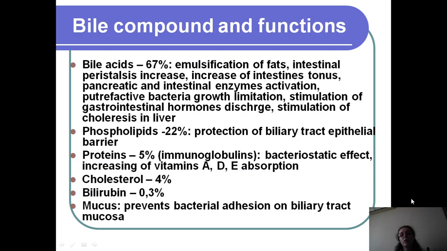Also, they are needed for increasing of intestinal tonus, pancreatic and intestinal enzymes activation, and pathogenic bacteria growth limitation due to their unique bactericidal effect.